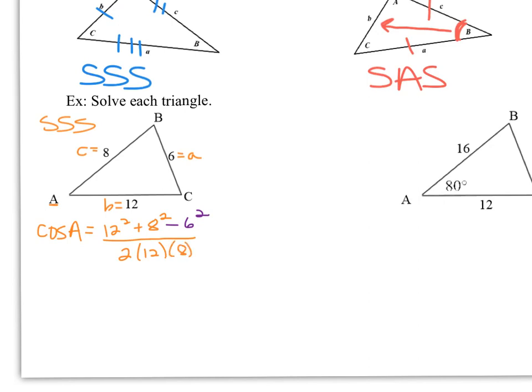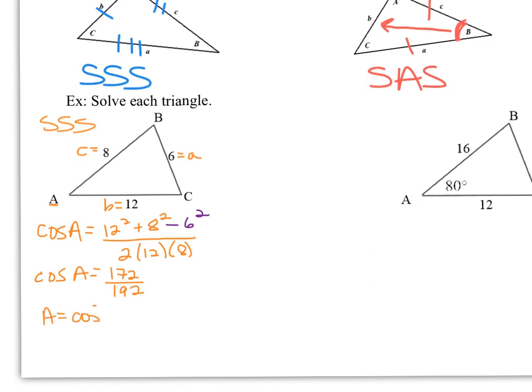And what we're going to do here is just leave this in fraction form. If you plug into your calculator 12 squared plus 8 squared minus 6 squared, you would get 172. In the denominator, if you take 12 times 2 times 8, you would get 192. To get angle A by itself, we simply take cosine inverse.